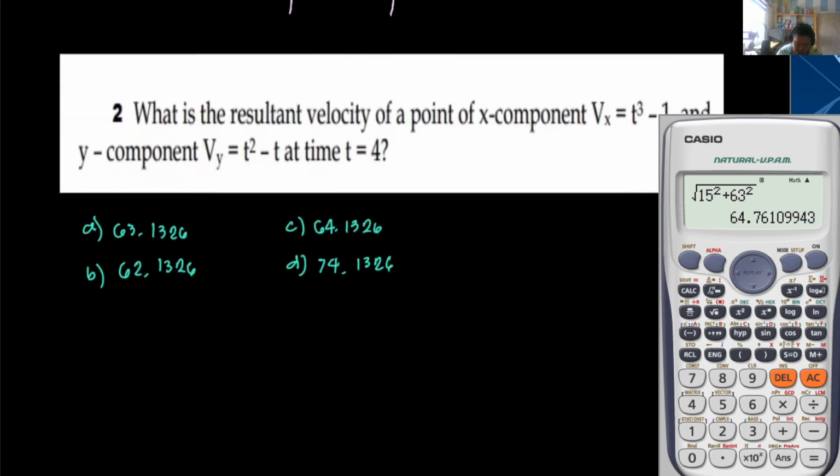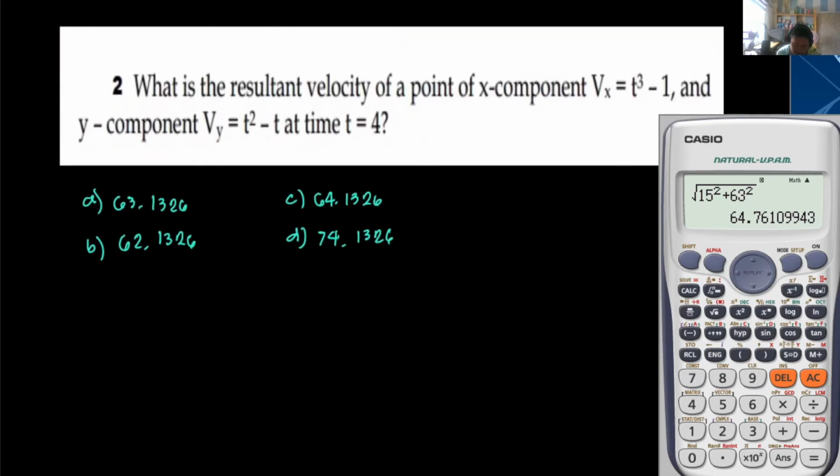Let's go to problem number 2. What is the resultant velocity of the point with x component v sub x equals t cubed minus 1 and y component v sub y equals t squared minus t at the time t equals 4? We are given t equals 4, and v sub x, the component of the velocity along x, is t cubed minus 1.